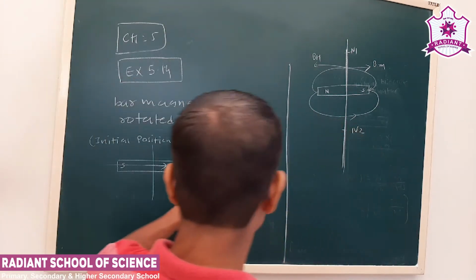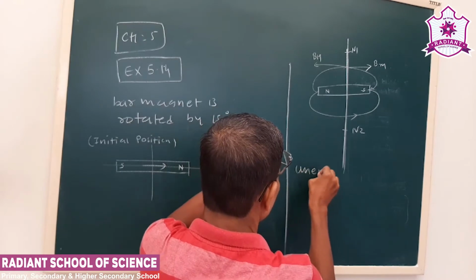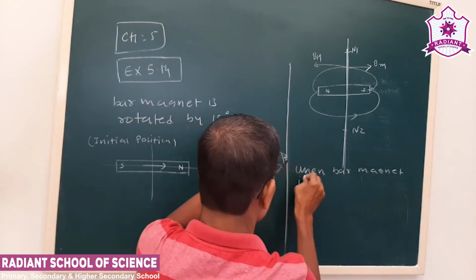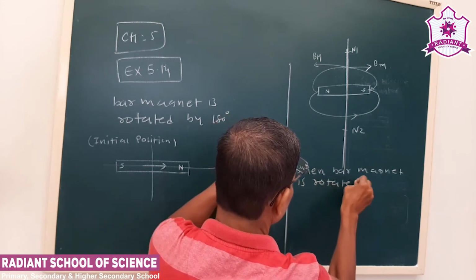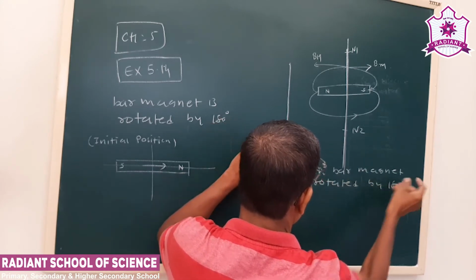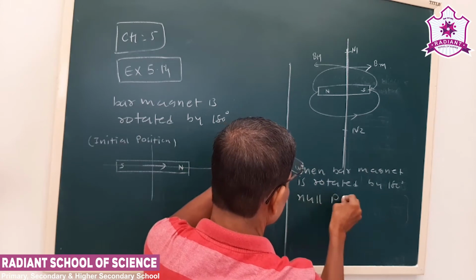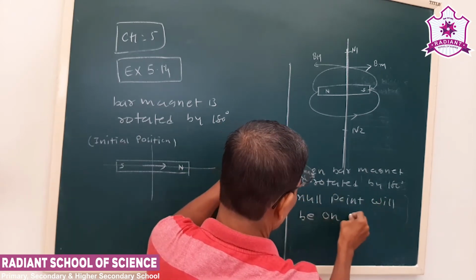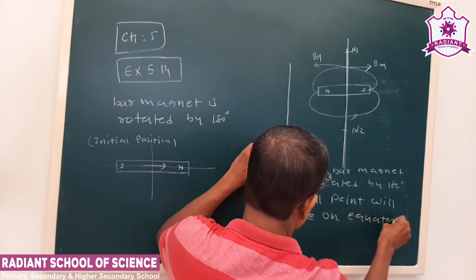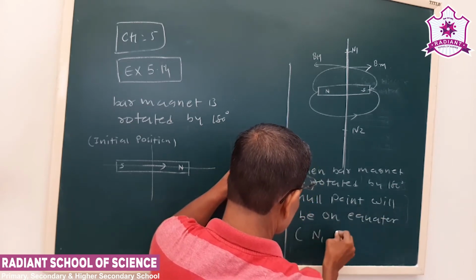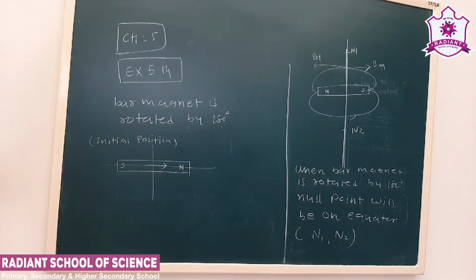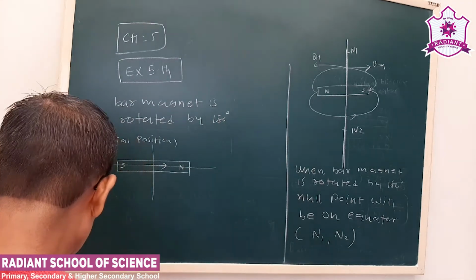So we can write: when the bar magnet is rotated by 180 degree, the null point is on the equator. What we have shown here is N1 and N2. We have to find out the distance. Let us say the distance is R.